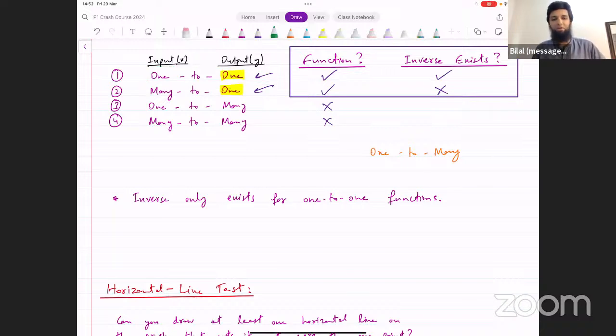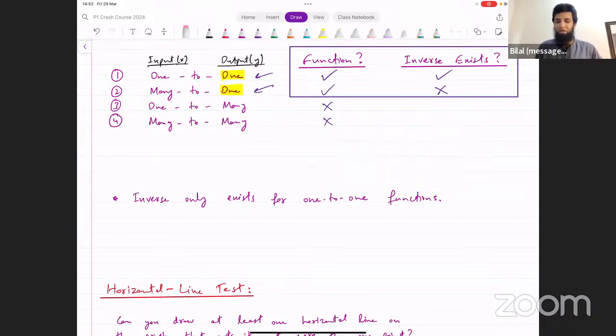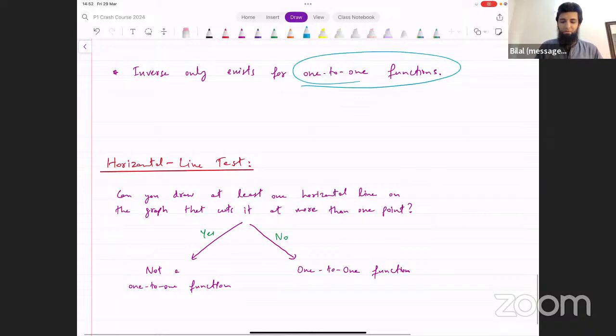However, when you find inverse of many-to-one, that is going to become one-to-many, and one-to-many is not a function. So we say inverse for many-to-one functions, therefore, does not exist. Inverse only exists for one-to-one functions, because when you inverse one-to-one, that still gives you one-to-one, and that's also a function. Inversing many-to-one gives you one-to-many, which is not a function. So we will say inverse only exists for one-to-one functions.